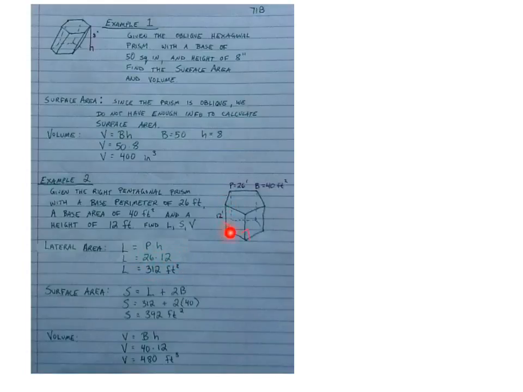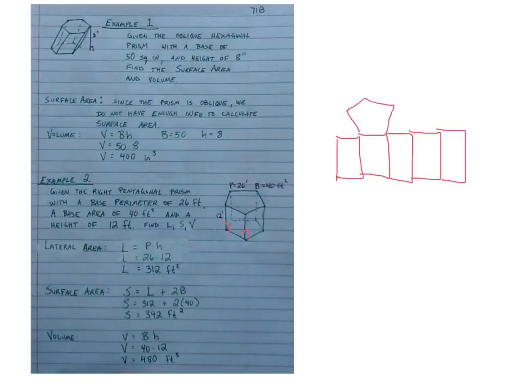And that's going to be the area of those 5 faces. If you were to think of the drawing as a net, you've got the 5 faces and then your pentagon. So we found the area of the 5 faces when we found the lateral area, 312 feet squared.